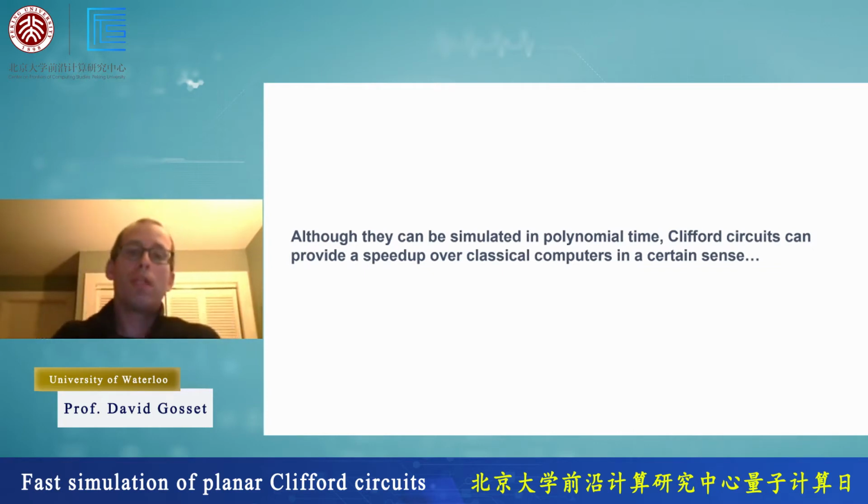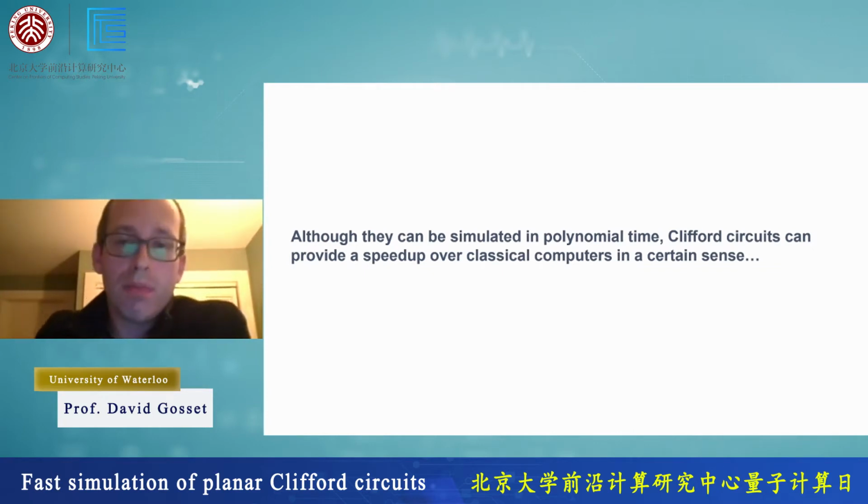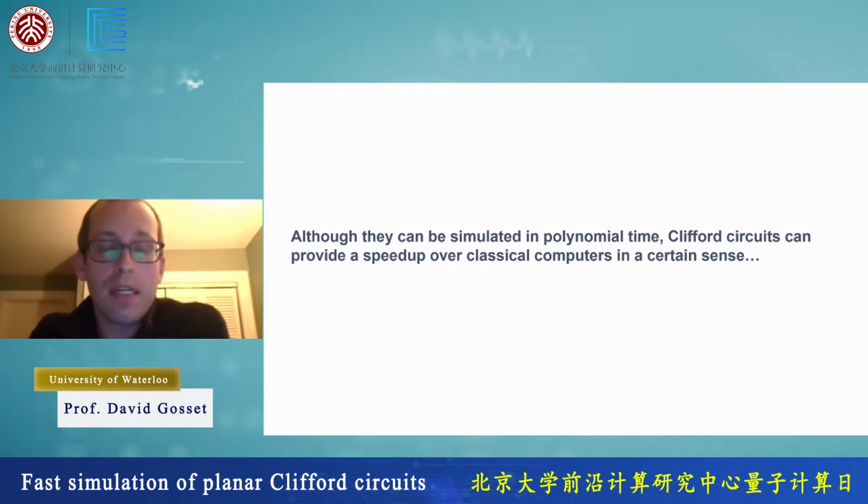So although Clifford circuits can be simulated in polynomial time, we do know that they can provide a speedup over classical computers in a certain sense that I'll describe now.